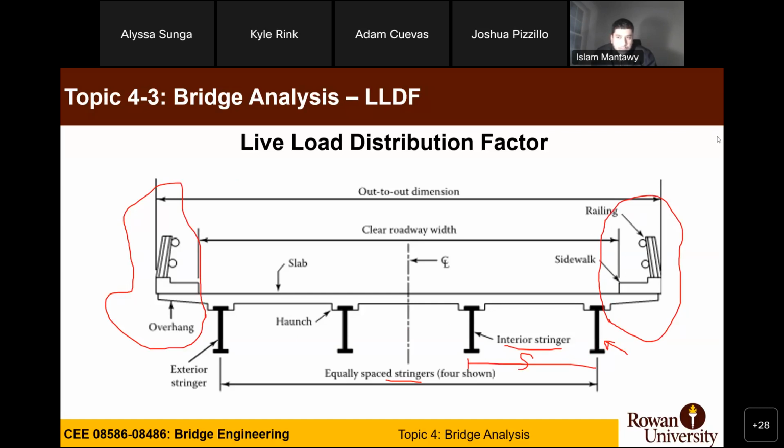Can you hear me, Adam? I can't remember right now, but I'm gonna try to look at my notes. Okay, that should be fine, but it should be something between 0.4 to 0.5 s, the spacing between the girders.